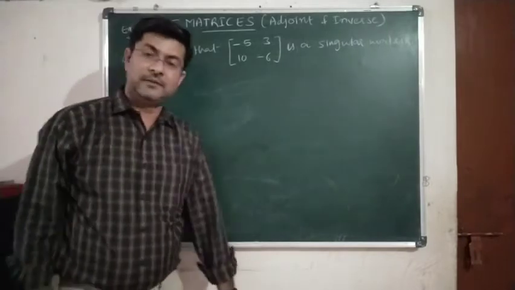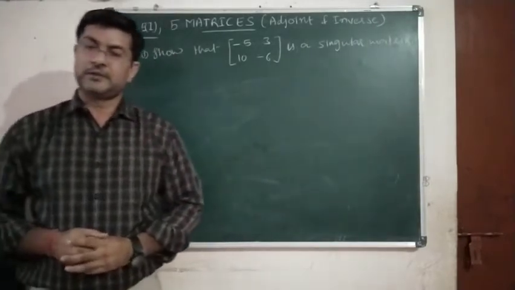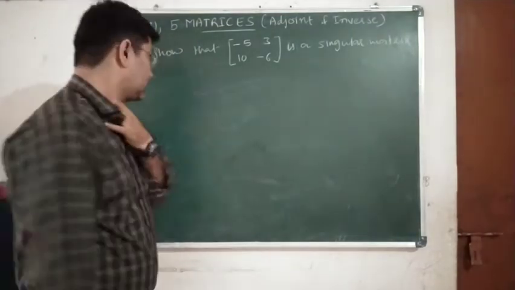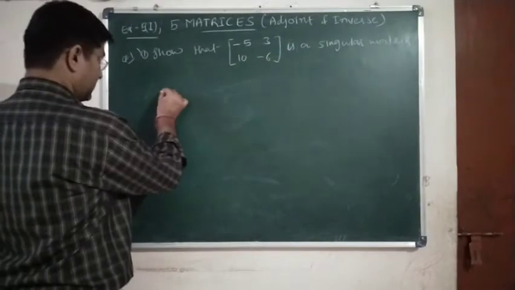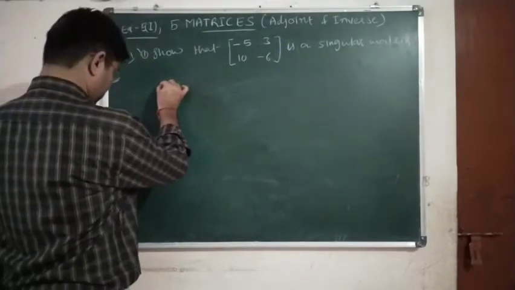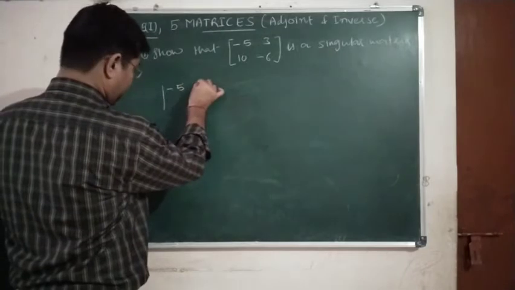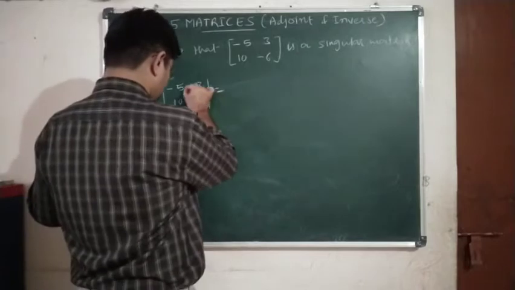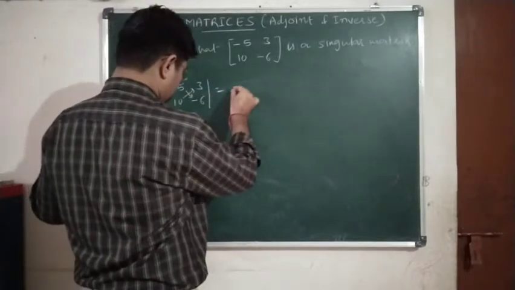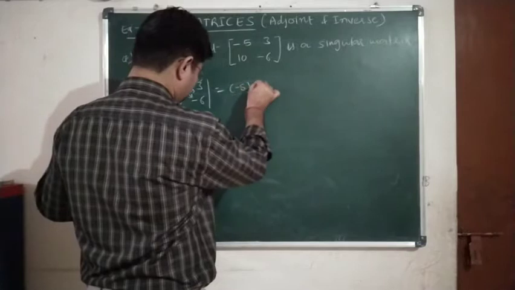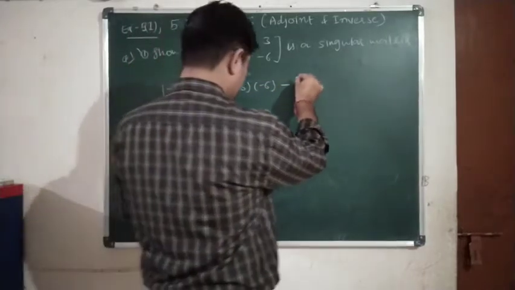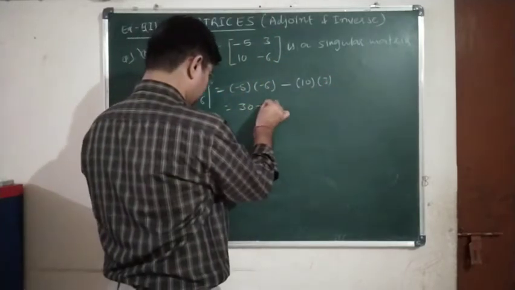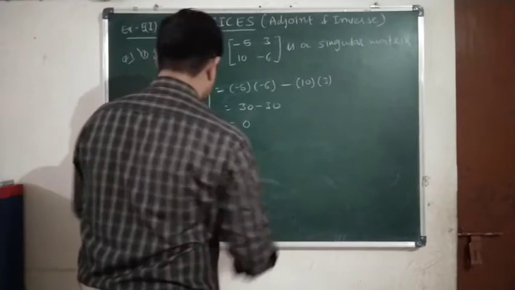Now we know very well what a singular matrix is. A matrix whose determinant is 0 is called a singular matrix. So let us find the determinant. The determinant of the matrix minus 5, 3, 10, minus 6 is equal to minus 5 multiplied by minus 6 minus 10 into 3. 5 sixes are 30, minus 30 is equal to 0.